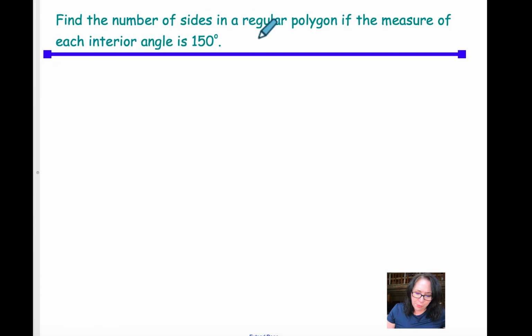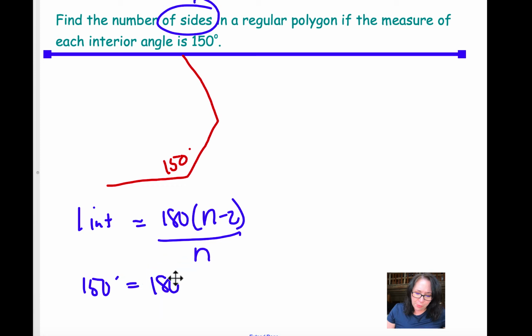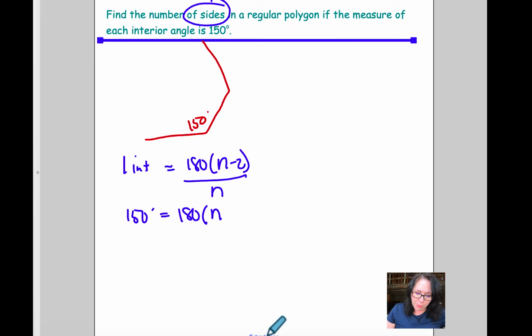Find the number of sides of a regular polygon if the measure of each interior angle is 150. So they're saying this is 150 degrees. They want the number of sides. So I do have a couple of options. To find one interior angle of a regular polygon, the formula is 180 times n minus 2, divided by the number of sides. So 150 degrees is equal to 180 times the number of sides, which I don't know yet, minus 2, all over n.